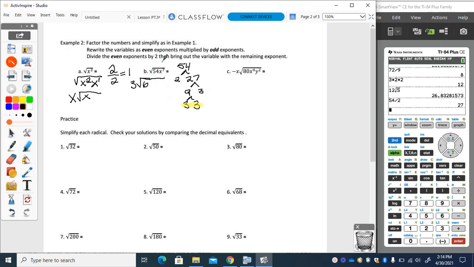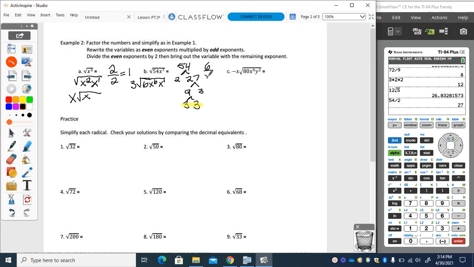All right, and now let's look at x to the 7th. What's the highest even number that will add to 7? That would be 6, because 6 plus 1 is 7. So we have x to the 6th times x to the first power. So now we want to divide that even exponent by what? 2.